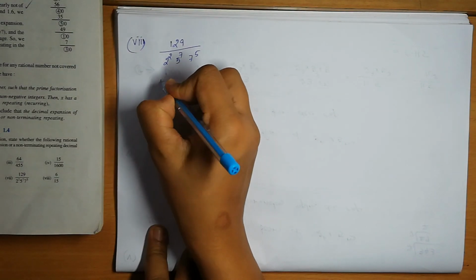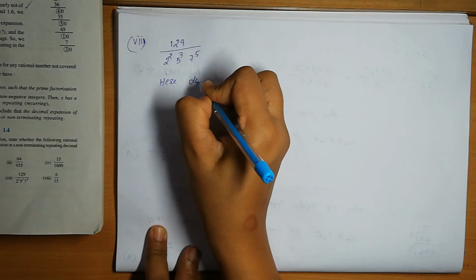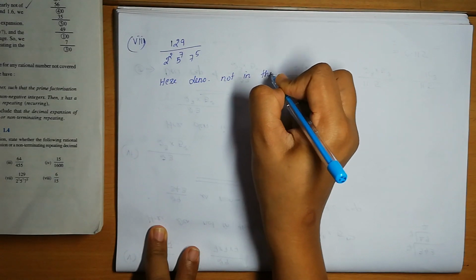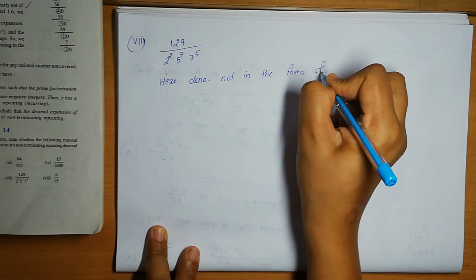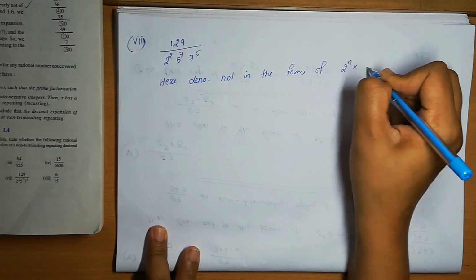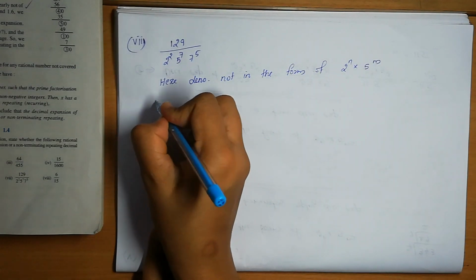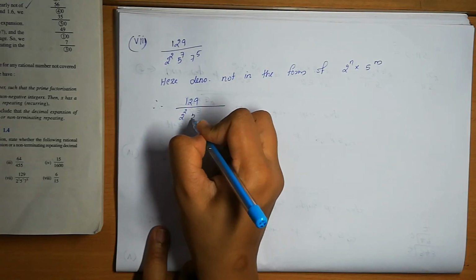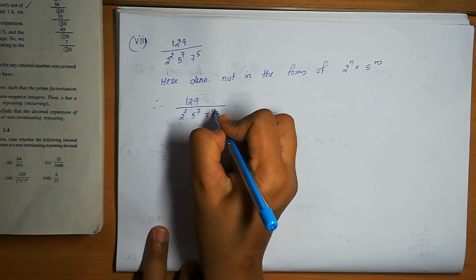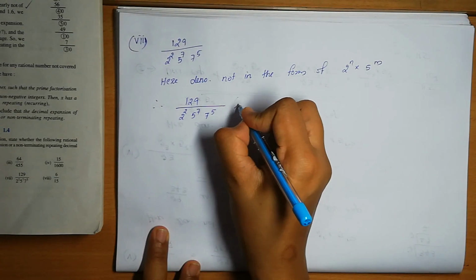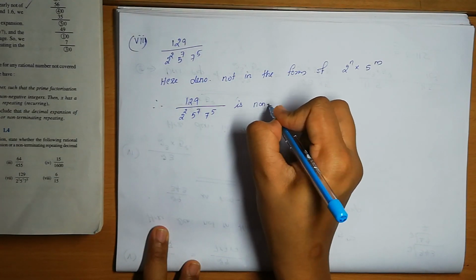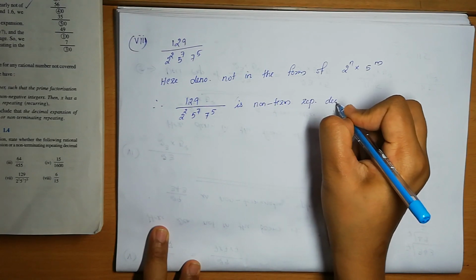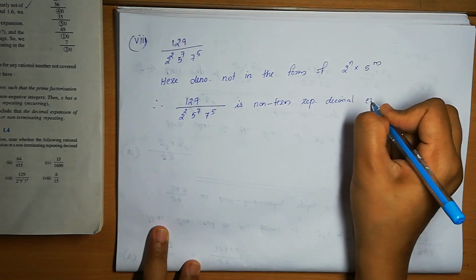So here the denominator is not in the form of 2 raised to n into 5 raised to m. Therefore 129 by 2 square into 5 power 7 into 7 power 5 is a non-terminating decimal expansion. Non-terminating repeating decimal expansion we can write.